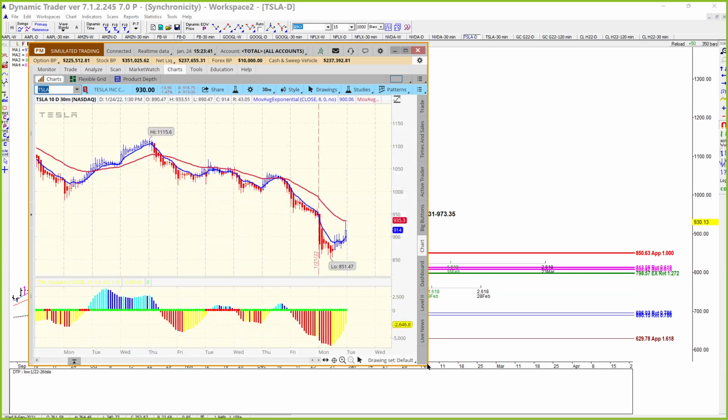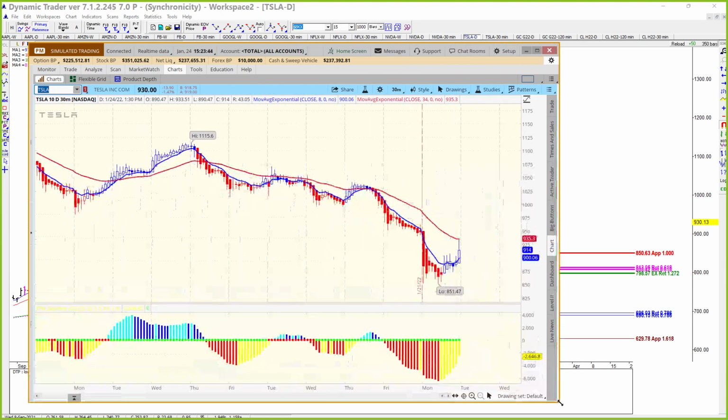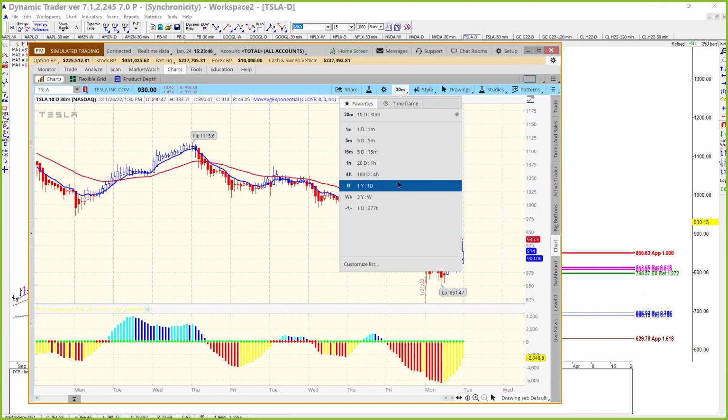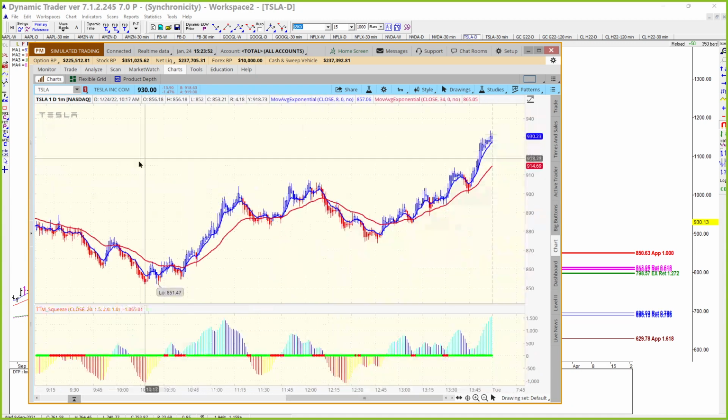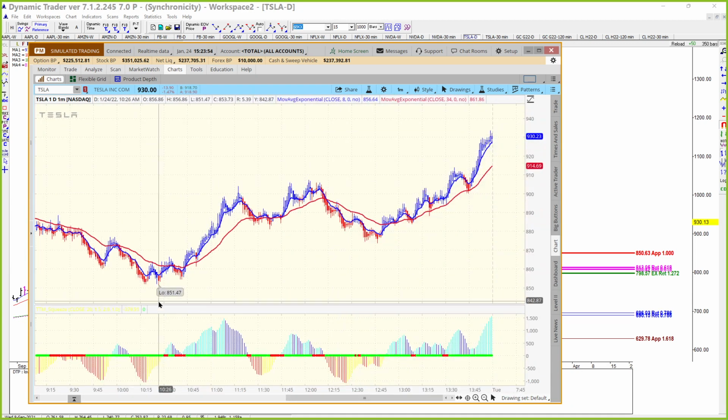Well, let's look at a trigger. Okay, so here's a prior swing high. Here's the crossover. Once that occurred, you can take the trade, place your stop either underneath here or underneath the 850.63. Okay, so that's another setup.